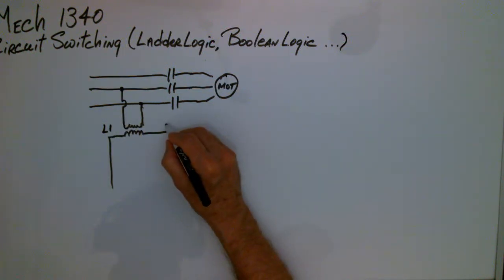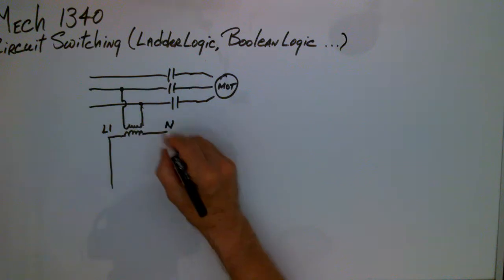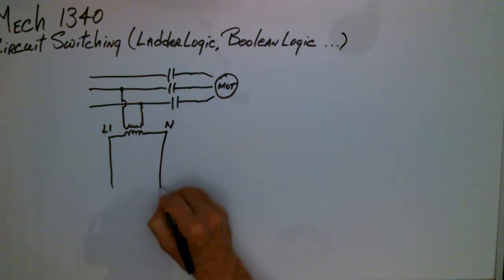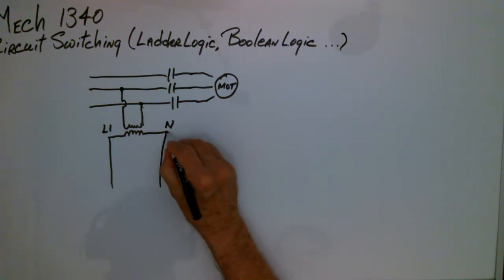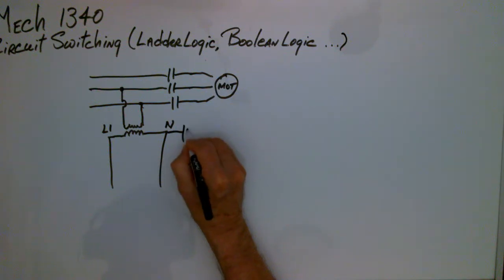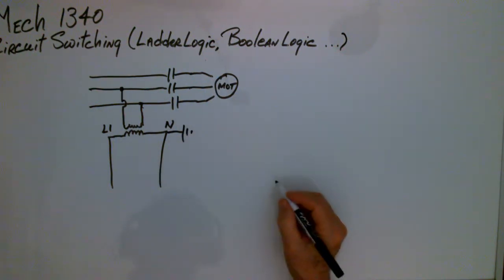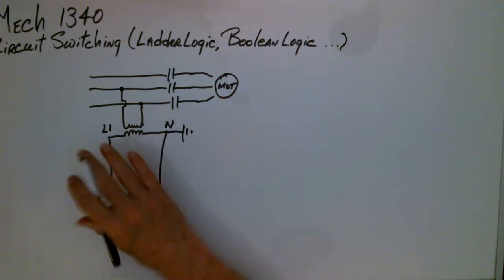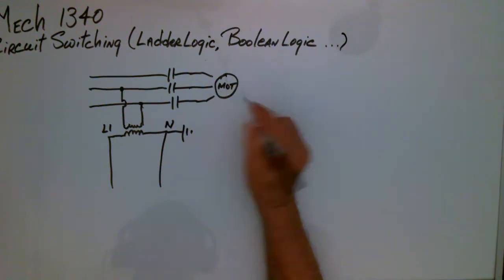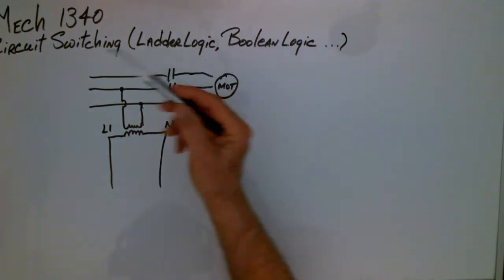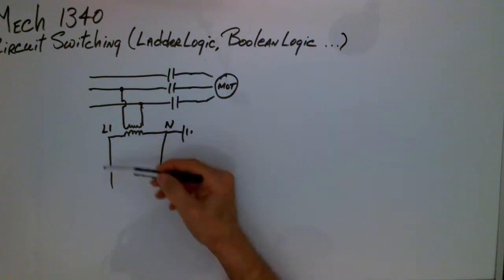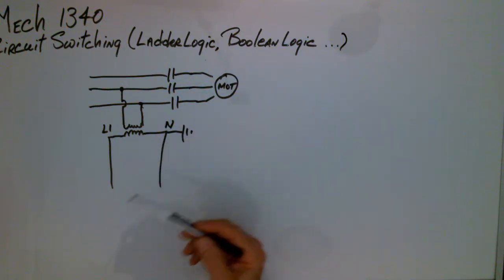Line one, and in modern times today, we have a neutral on the other side of the secondary of the transformer lines. I'll bring that down, and the reason that we call it neutral is because we ground it. Now all of our logic that controls this motor right here, this is our ladder logic, this is our Boolean logic.